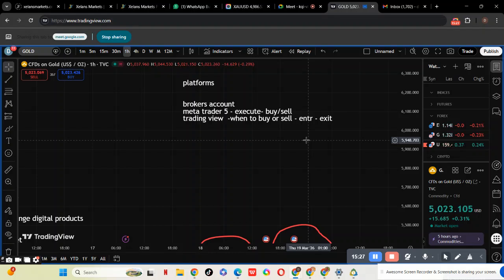The reason why I can justify forex is not betting is because this is a legit market, and this legit market cuts across the globe, and it doesn't favor anyone. If this is the market that I'm looking at right now, you can see the current price of gold is 50.21, and this is the global price. If Trump opens his laptop today, this early morning, this late night, Trump will see the same price.